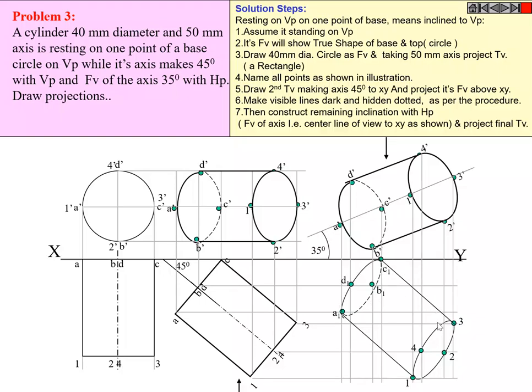Accordingly, you are supposed to construct the top view. So like this, when resting on VP, you have to be careful with the resting position while assuming the entity, where the object is clearly visible, its shape, whether it is visible in the front view or top view. We have to be very clear.